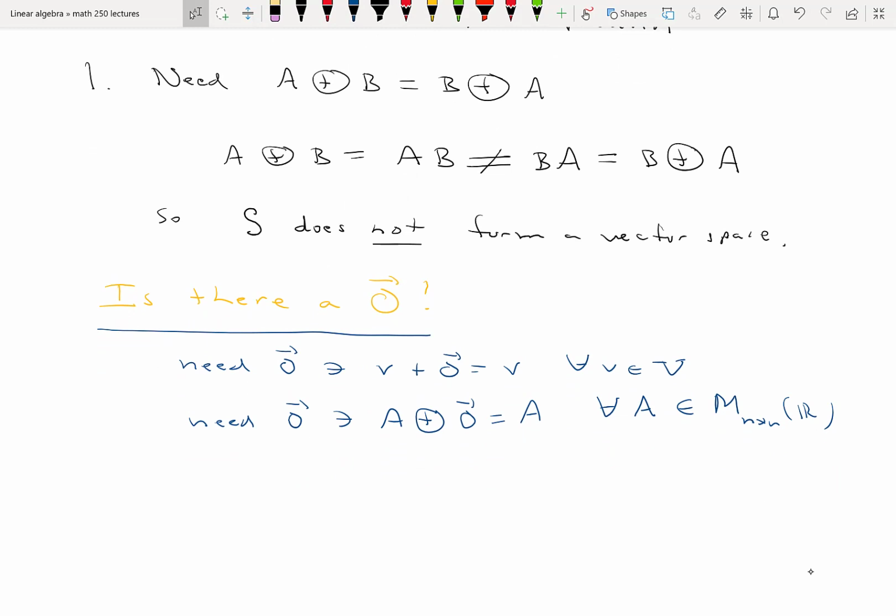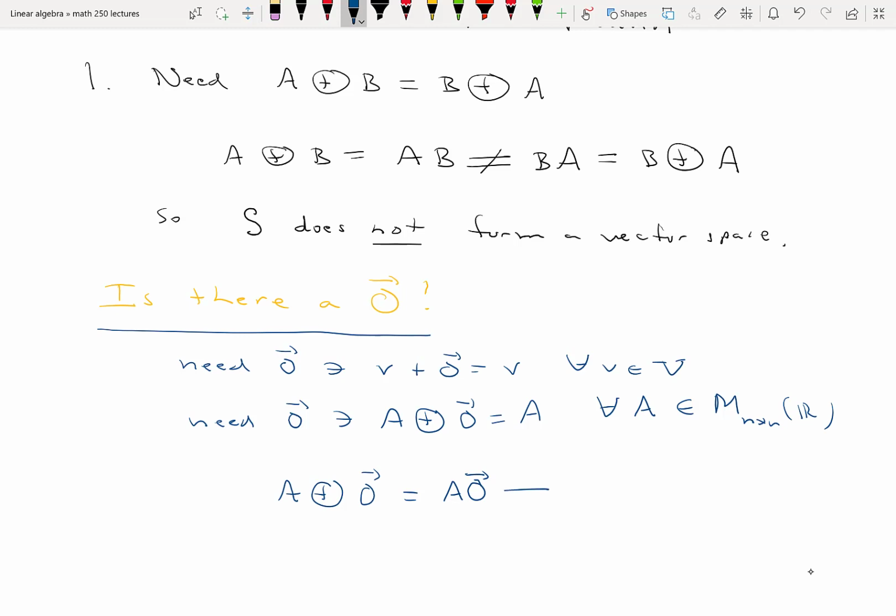Let's dig around for that zero vector. A plus the zero vector. What does that look like? It looks like A times 0, zero matrix, or zero vector, whatever it's going to be.